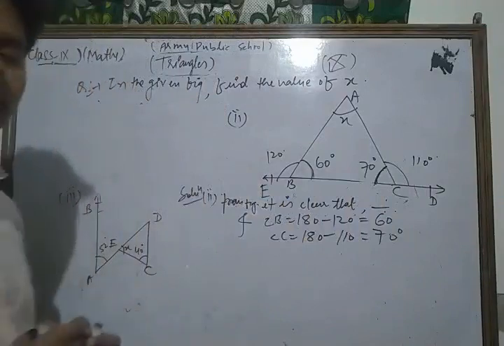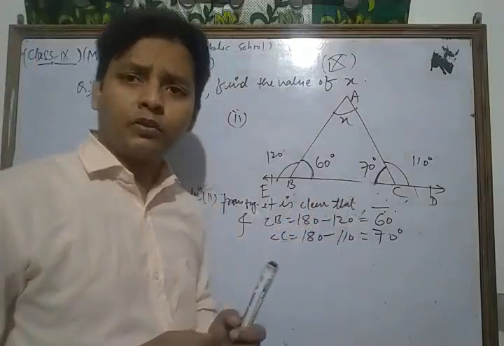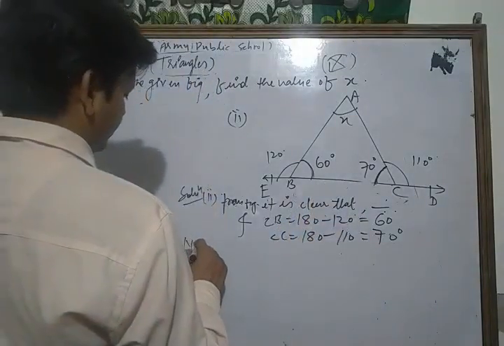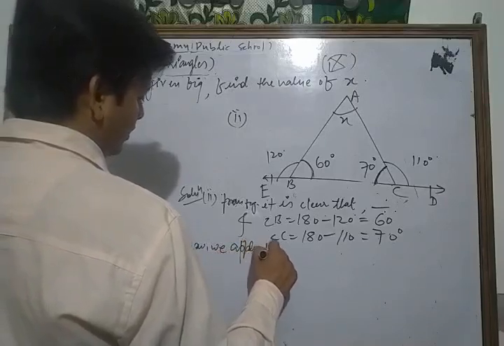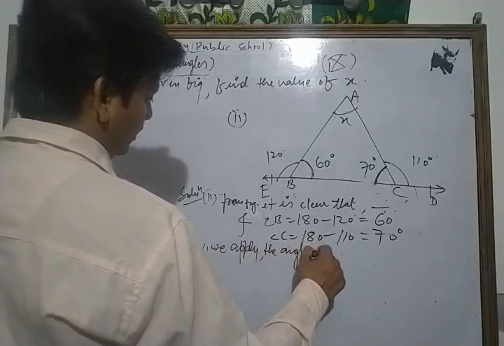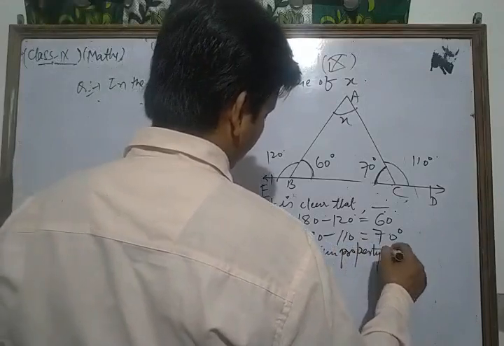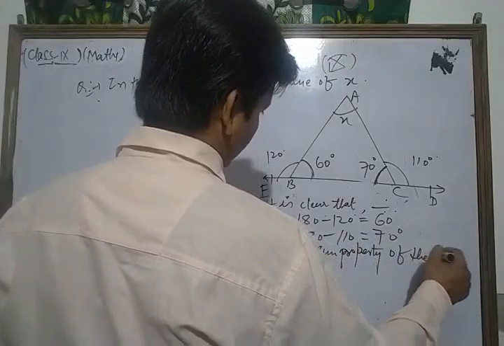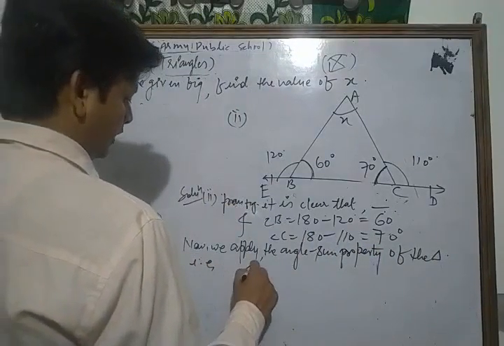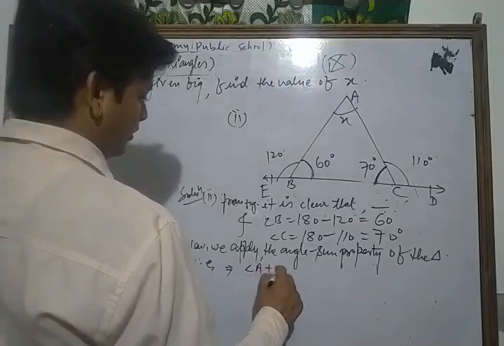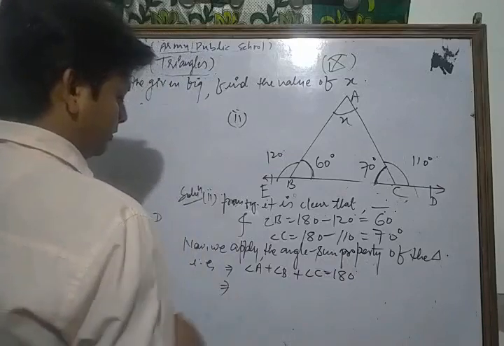Now for finding the value of x, here we apply the angle sum property of the triangle, that is angle A plus angle B plus angle C is equal to 180.